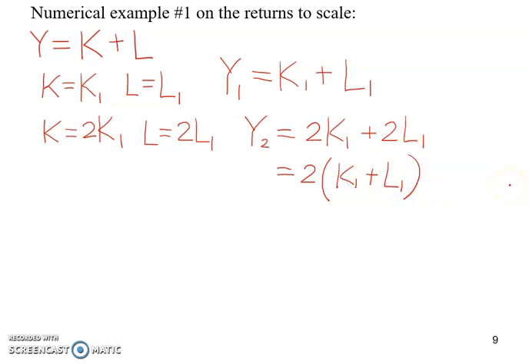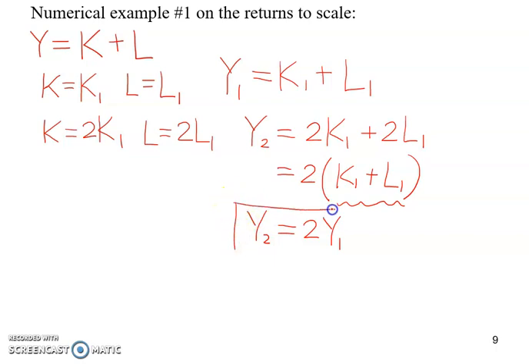The reason we make this transformation is that what's in the parentheses, K1 plus L1, is exactly Y1, the original level of output. So it equals 2Y1. Don't forget the left hand side of the equation is Y2, the new level of output.